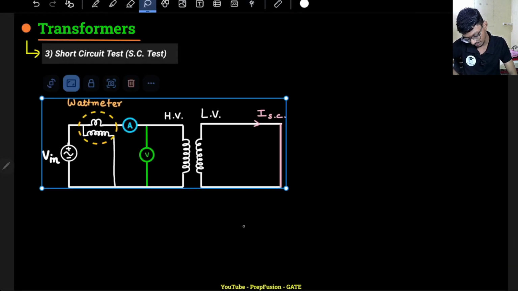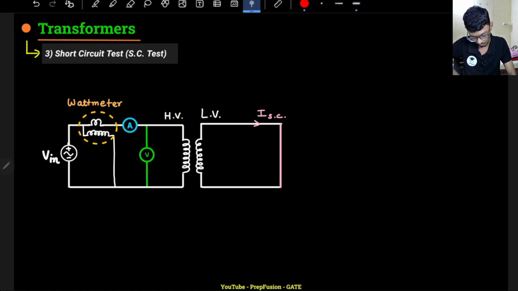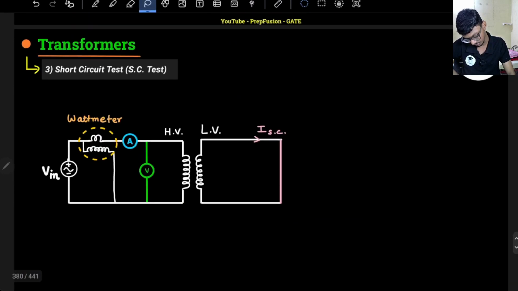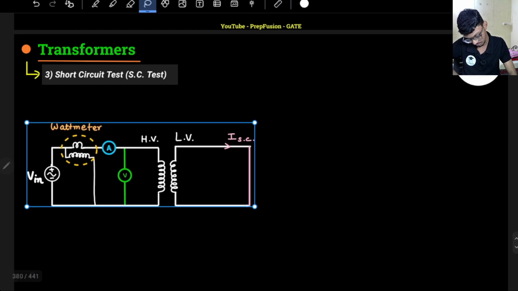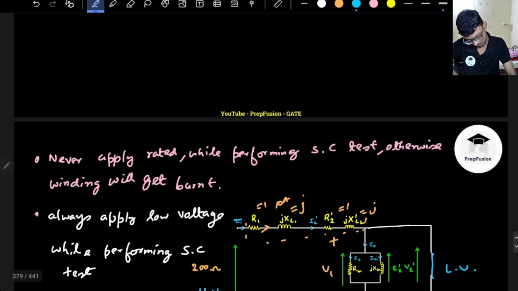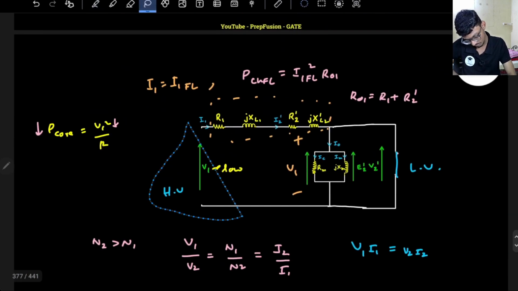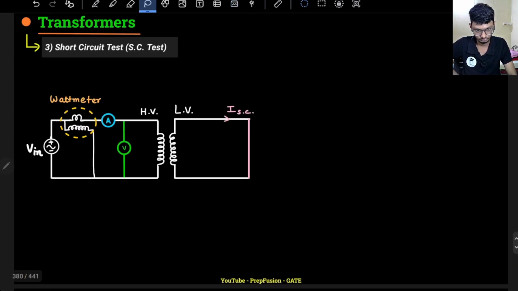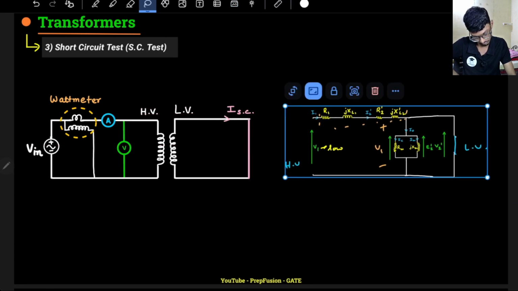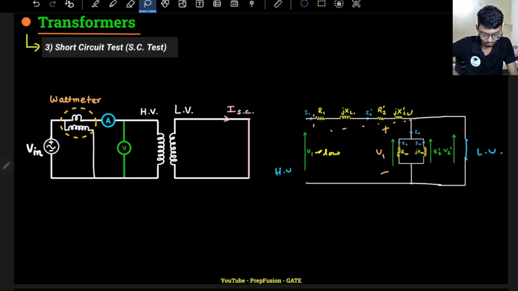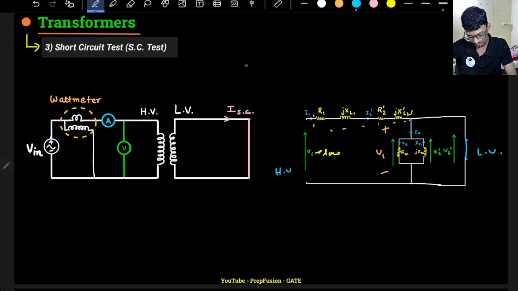I have a wattmeter here in the high voltage side, and in the high voltage side I have an ammeter. Basically, if I copy this circuit diagram here, what I can say is what the meters will measure. The ammeter will measure the short circuit current.